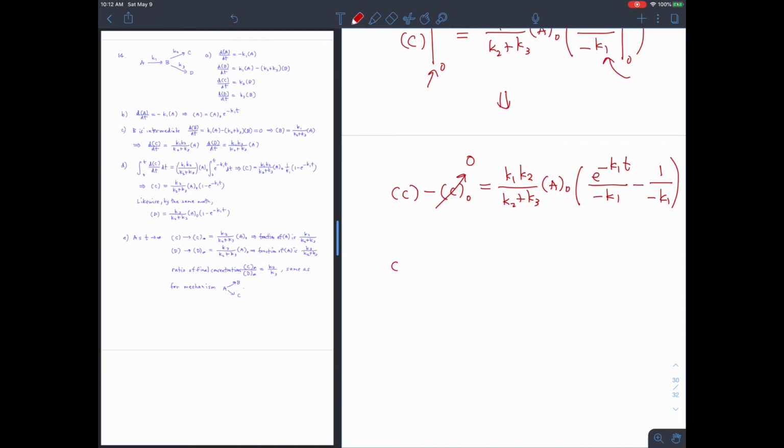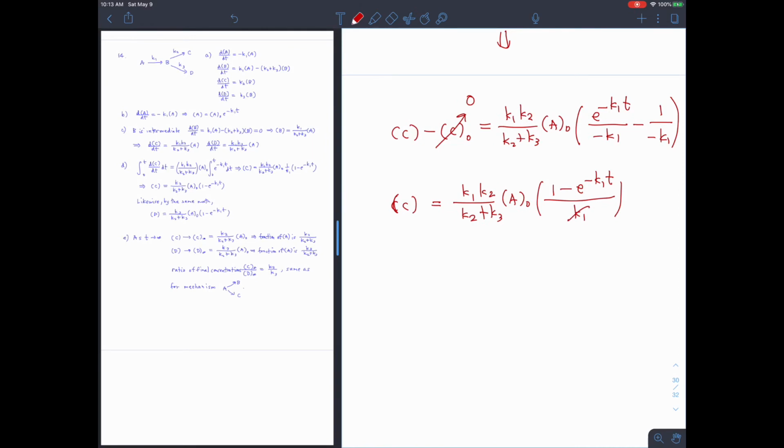That means C is equal to K1 K2 over K2 plus K3 times A0, 1 minus e to the minus K1t over K1. The K1s cancel, and we get that C is equal to K2 over K2 plus K3 times A0 times 1 minus e to the minus K1t.